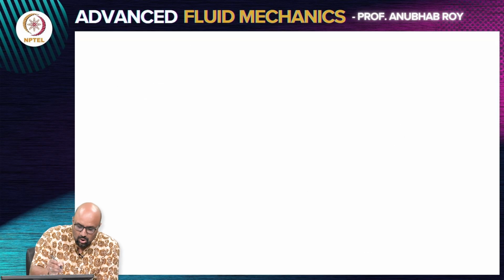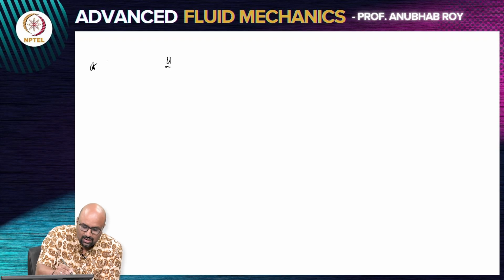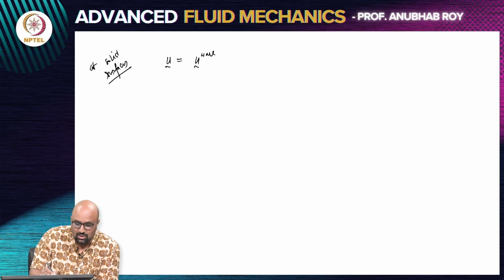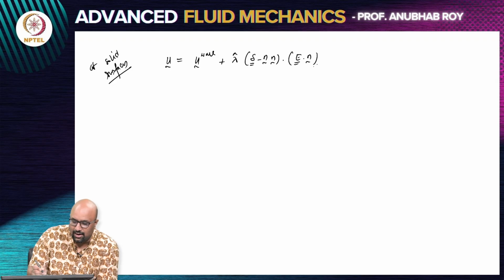So now if you close the complete picture, your fluid velocity at solid surfaces, combining the normal and tangential component, is going to be equal to U wall plus a slip length delta minus n n dotted with, for a Newtonian fluid, E dot n.